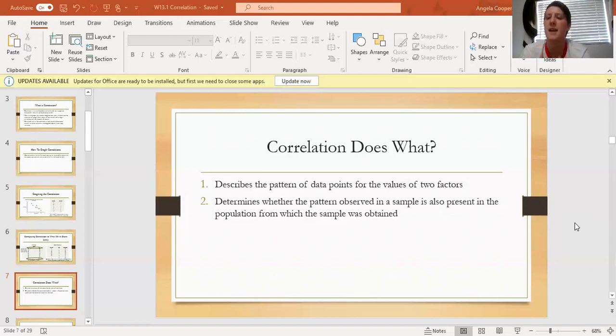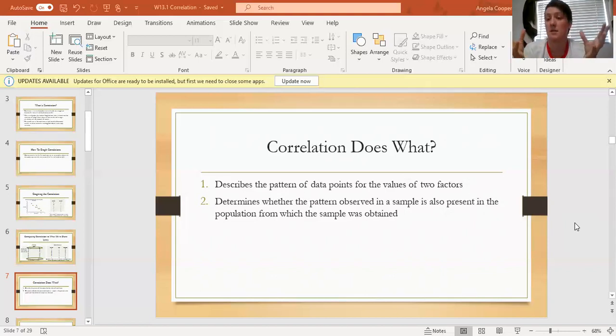So it follows that same principle for correlation. We're also trying to see if the relationship between these two variables, be it number of texts people send and their exam scores, or number of Big Macs they eat and their happiness levels, whatever the two variables are that we're comparing, is present not only in our sample of 50 or 100 or however many, but also in the population as a whole.